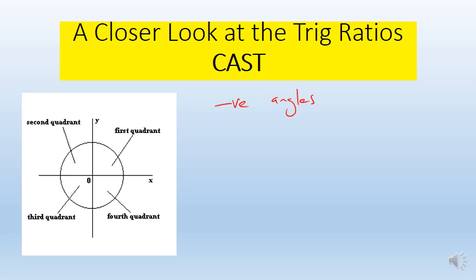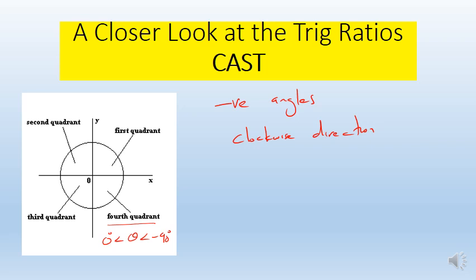So in this case, we're going to be moving in a clockwise direction around these quadrants. And so if we start, we're actually looking at the fourth quadrant, and in terms of negative angles, we're looking at theta lying between 0 degrees and minus 90 degrees.